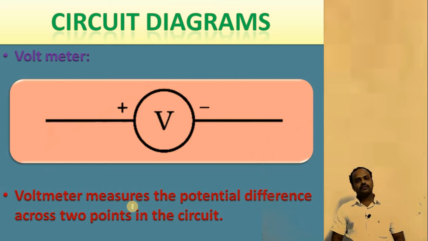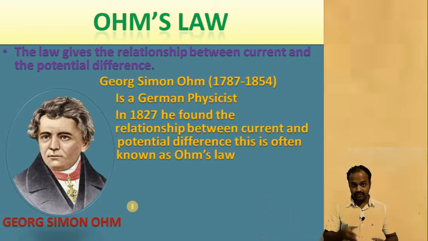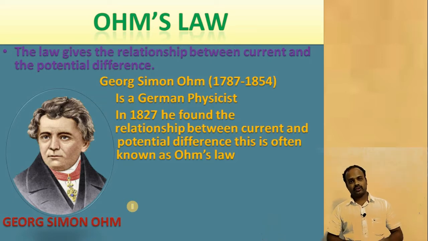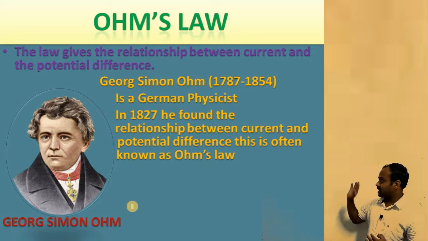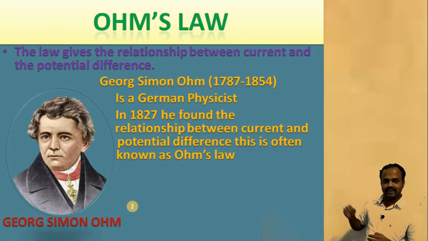Next we will go to the next concept, that is Ohm's law. Ohm's law is a basic concept of physics which provides the relationship between current and voltage. George Simon Ohm was a German physicist. He was born in 1787 and died in 1854.